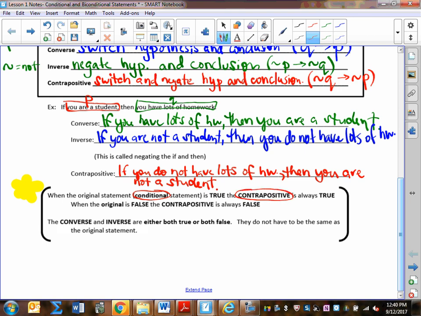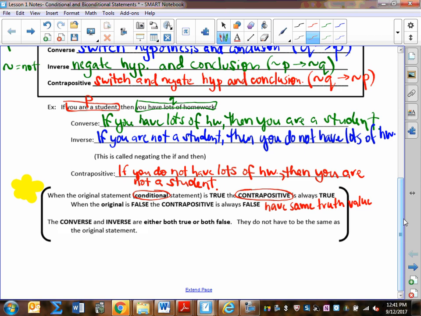Likewise, when the conditional is false, the contrapositive is false. They're either going to both be true or both be false. We say that they have the same truth value. By truth value, we mean either it's true or false. So conditional and contrapositive go together in that regard.